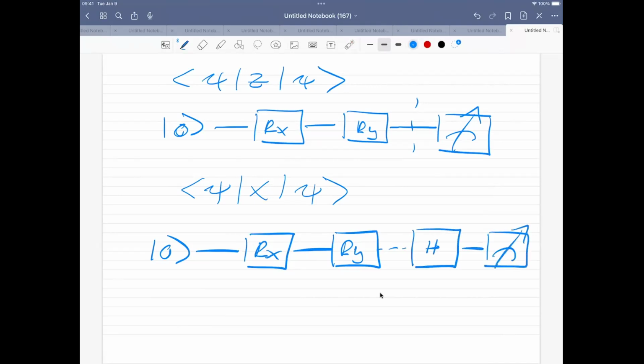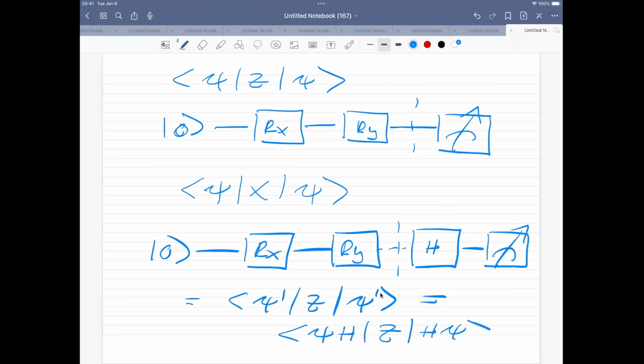So there's a distinction between the two in the fact that we now perform a Hadamard operation. And this is the same as us setting up a psi prime of Z, where we perform the measurement of psi prime. And this is the same as psi with a Hadamard transformation of Z of Hadamard acting on Z. So these are all kind of equivalent notations.